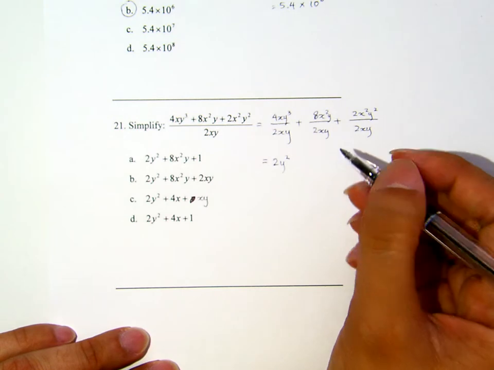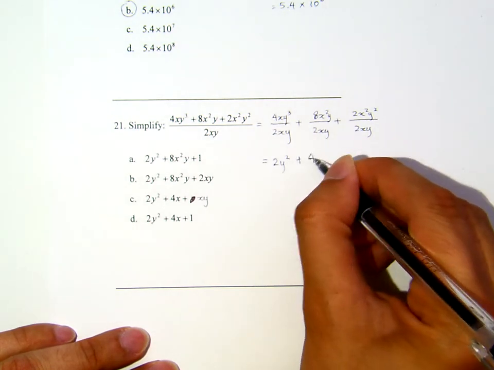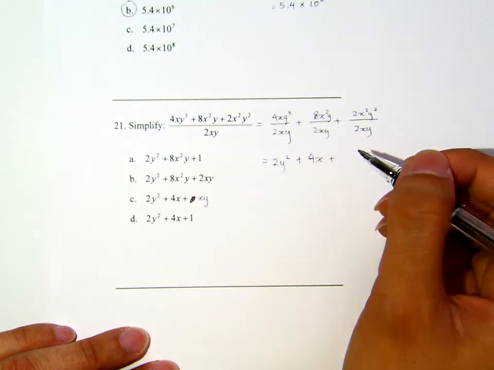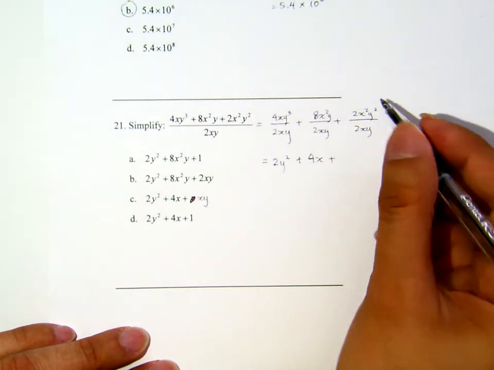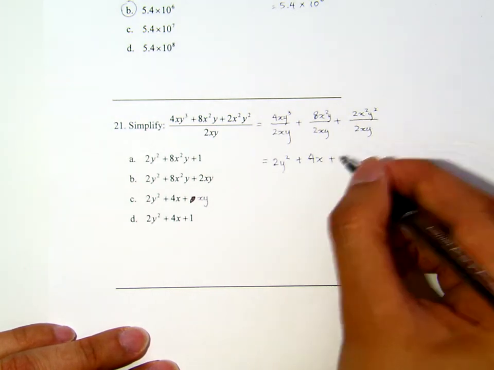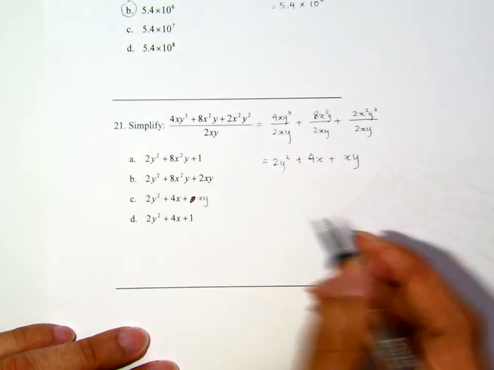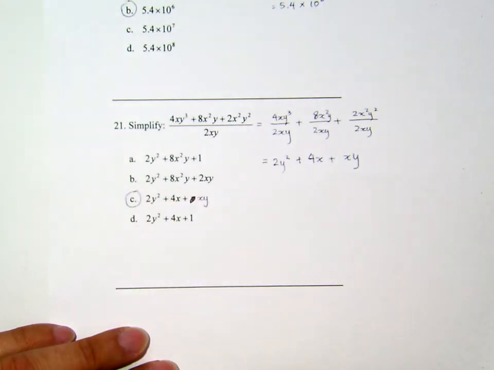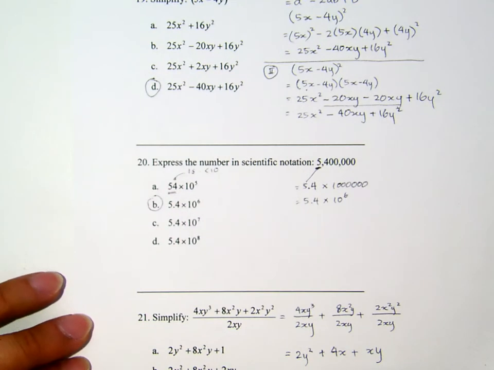The second term will be 4x: 8 divided by 2, x squared over x is x, and the y cancels. And for the last term, the 2 cancels, x squared over x is x, y squared over y is y. So we come up with answer C. That's for Fall 2008 Math 115, Department Final, version 3.